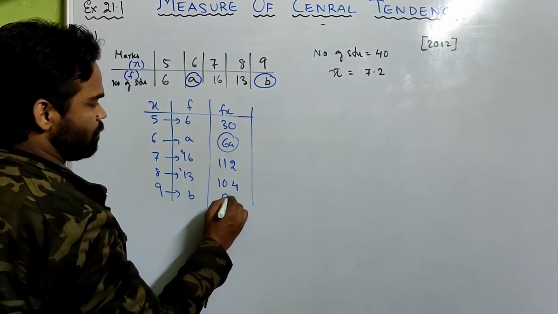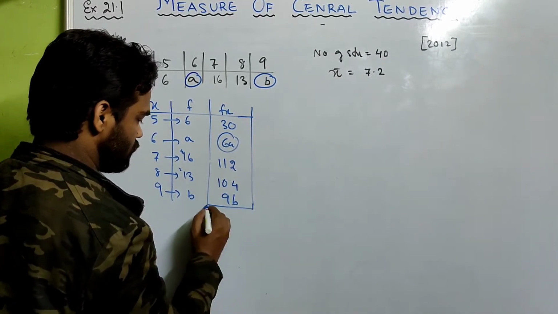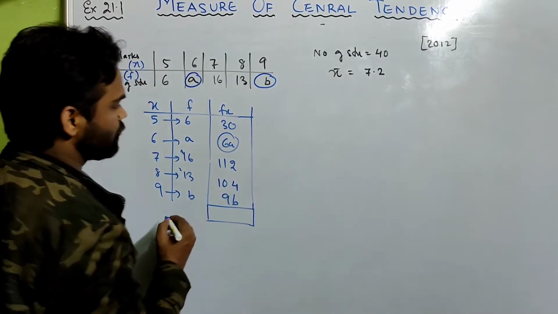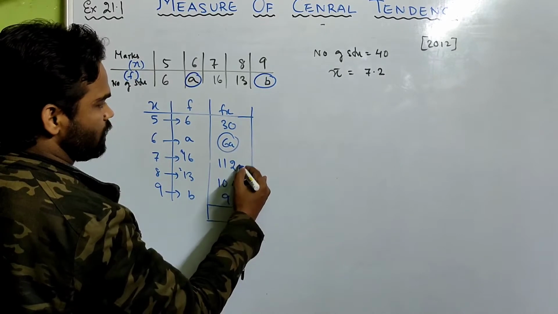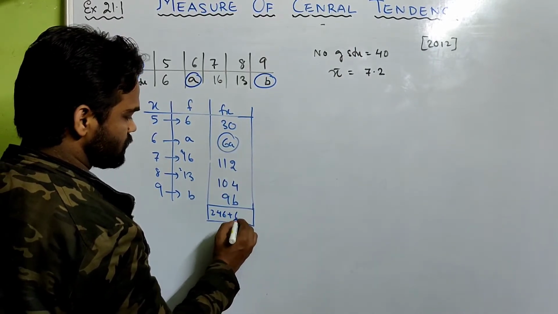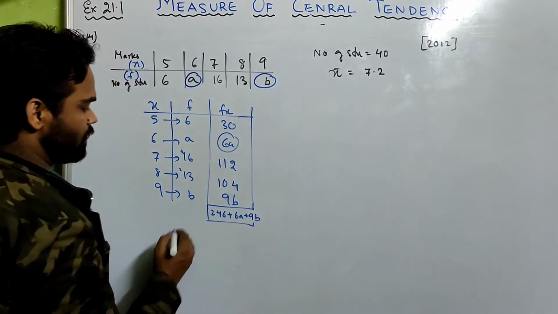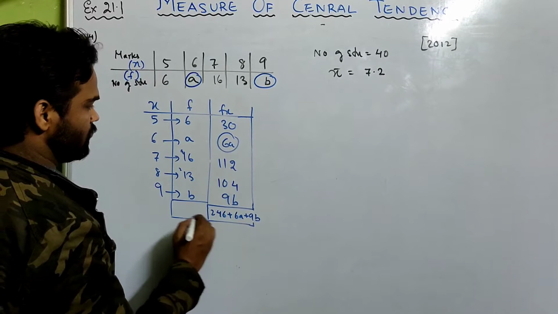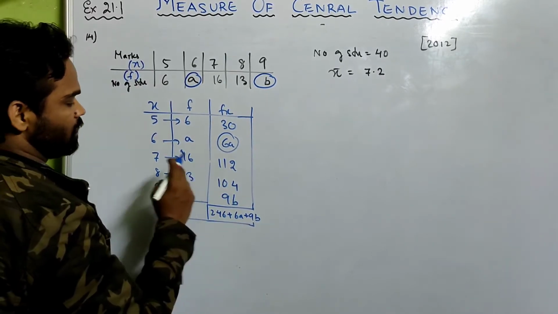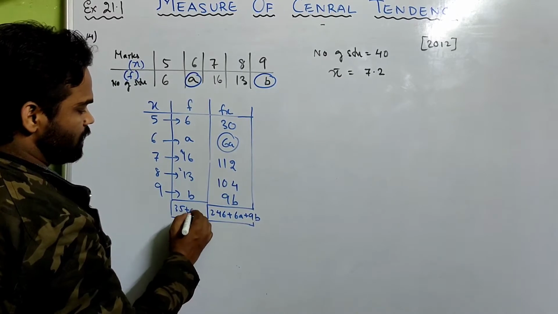And this is 9B. Now we'll add all this. So that's 30, 142, 246 plus 6A plus 9B, isn't it? And when we add the frequencies, 6 plus 16 plus 13 is 35 plus A plus B.